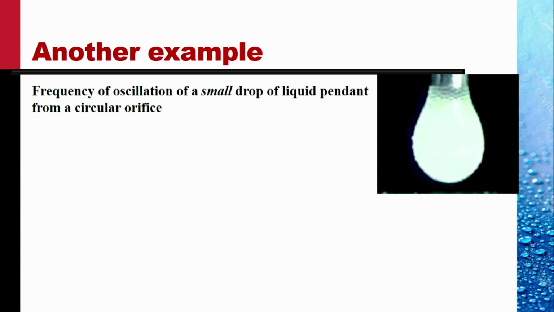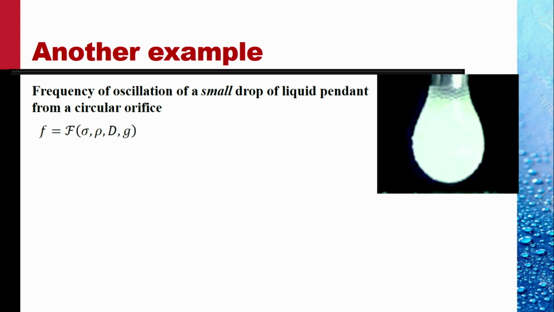The time period of oscillation has to be found out. It can be argued that the frequency of oscillation should be a function of the surface tension of the liquid, the density of the liquid, the diameter d of the orifice, and of course the acceleration due to gravity, because it oscillates under gravity force.